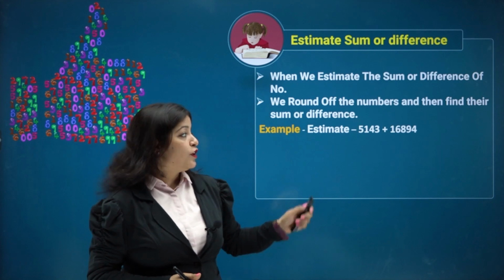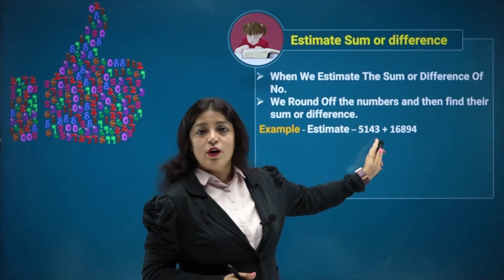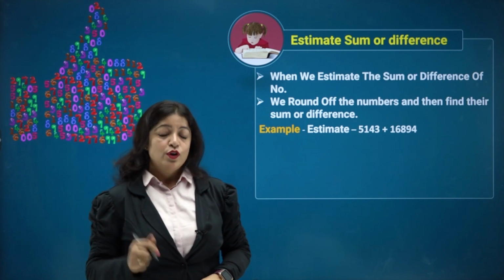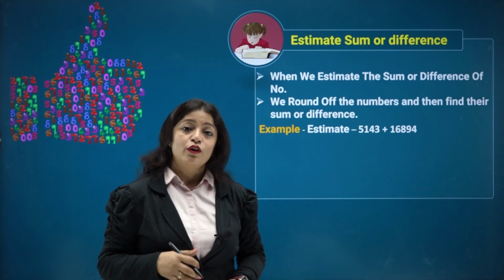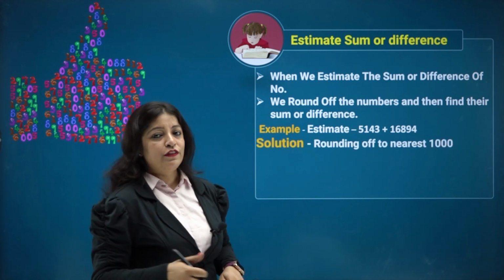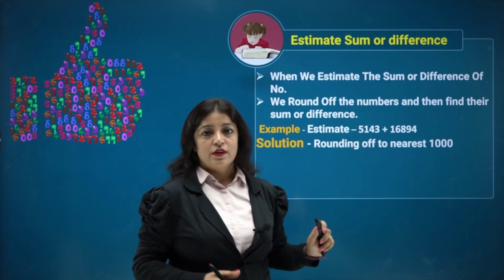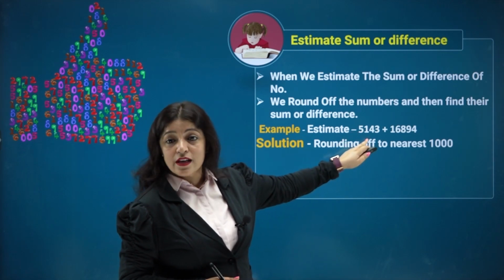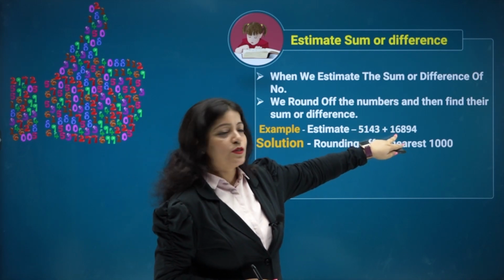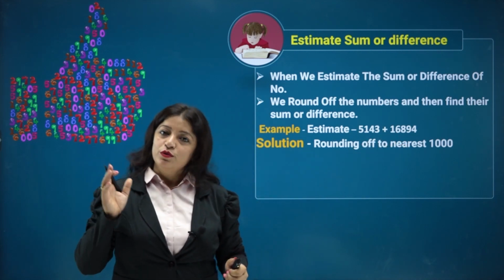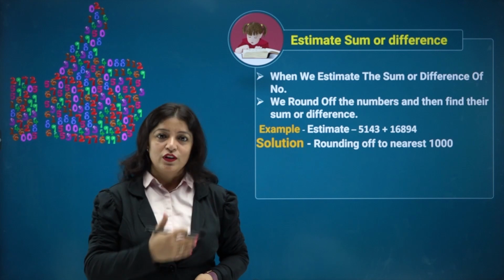For example, if the question is to estimate 5143 plus 16894, let us round off both numbers to a certain place. Here we notice that this number has the highest place as thousands and this number has the highest place as ten thousands. So we decide to round off to the thousands place because it is the smaller one.